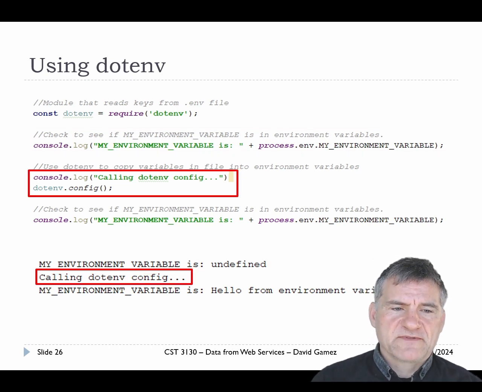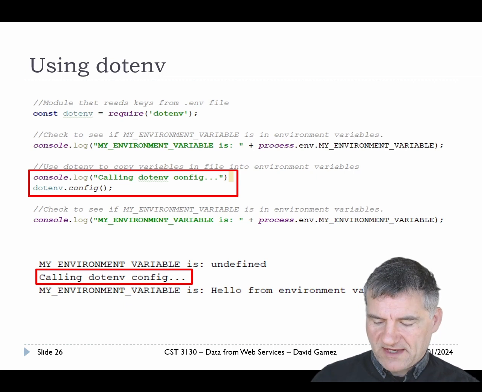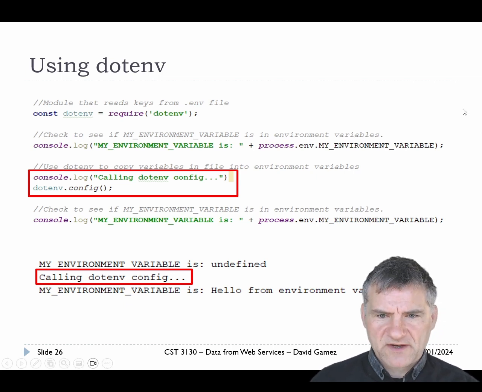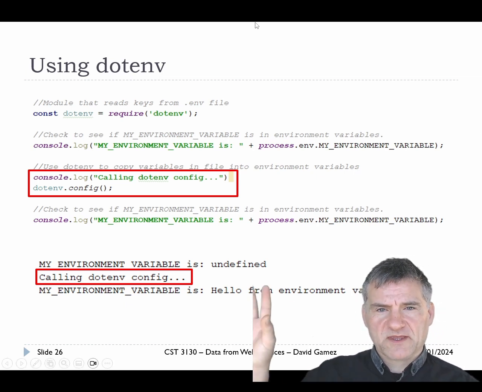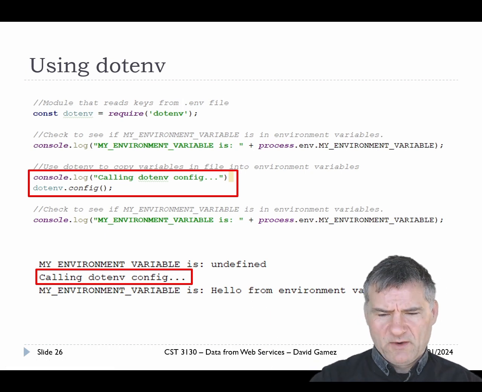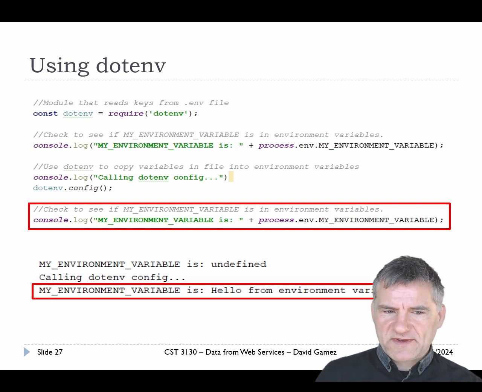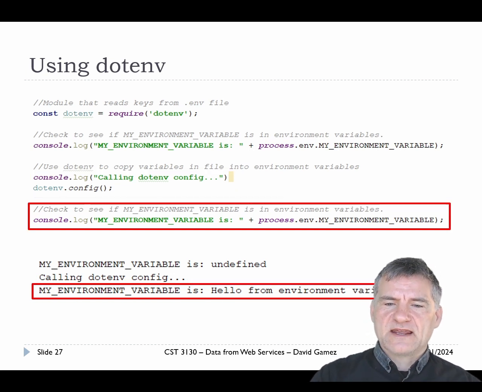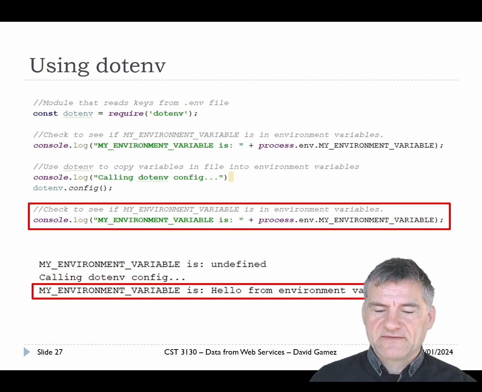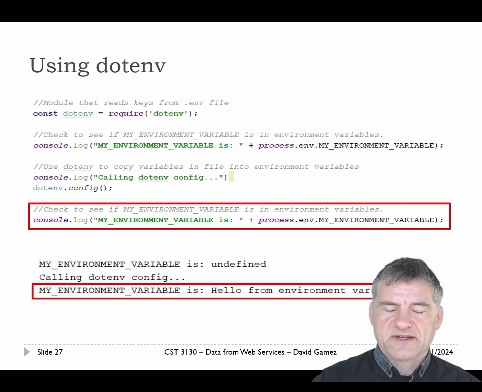And then we have this dotenv config, and all that does is load up the environment variables from .env and copy them into the environment that the program is executing, which we can access through this process.env object. And then once we've set it here, process.env will contain that environment variable, and then we can use it in our code.